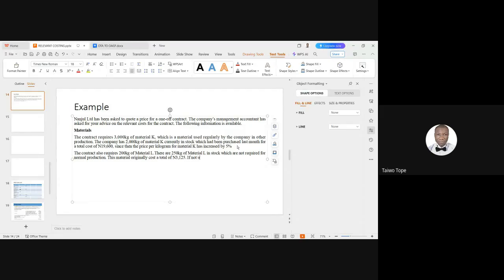If not used for this contract, the stock of material L will be sold.